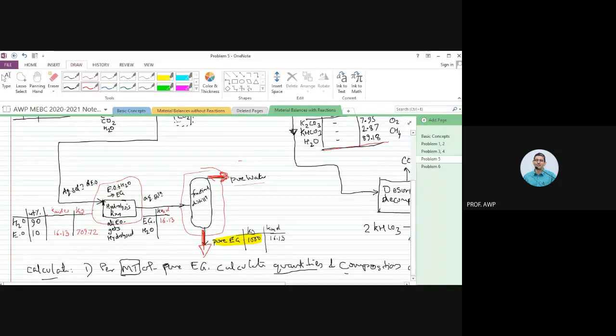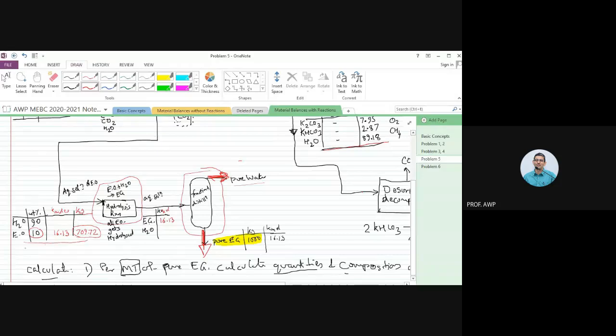I'm just going to go ahead with the solution. If anybody has a doubt at any point of time, please unmute yourself and ask. Now 709.72 kilograms corresponds to 10 weight percent.